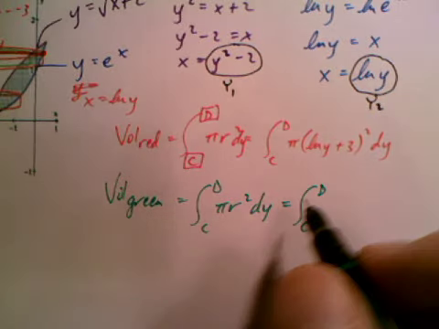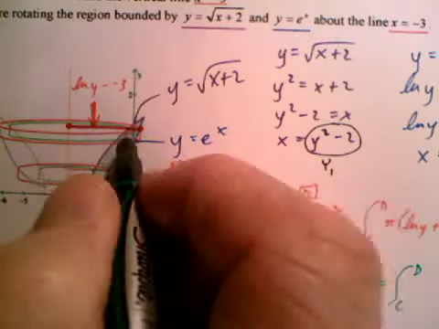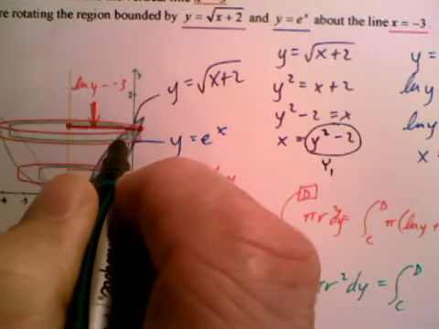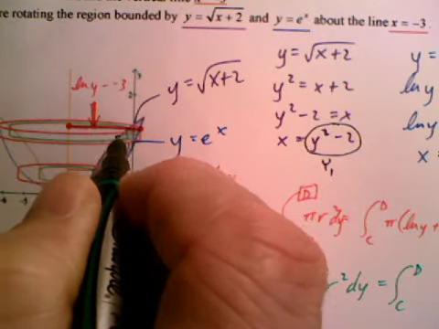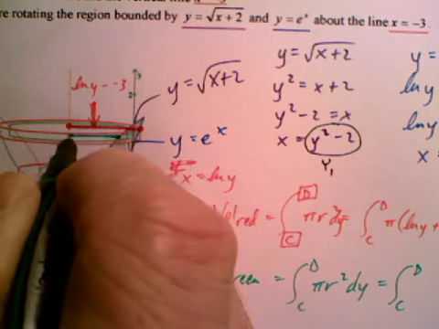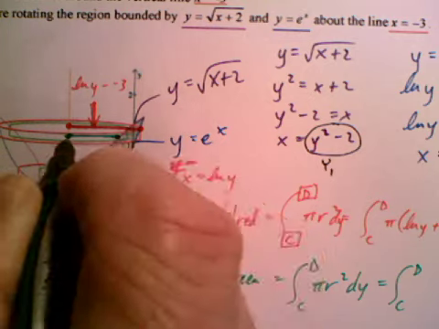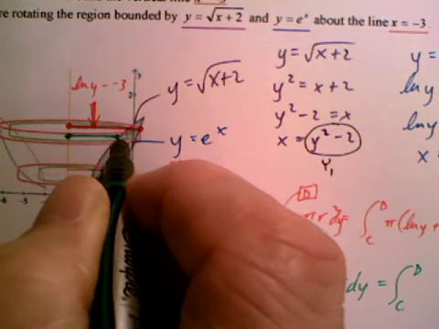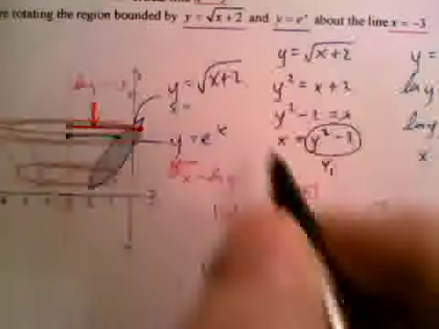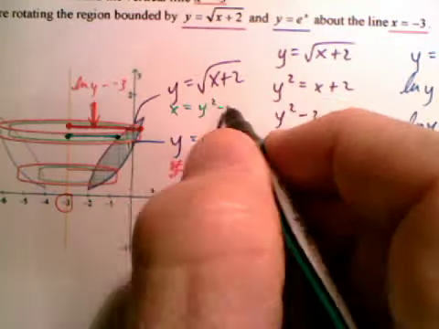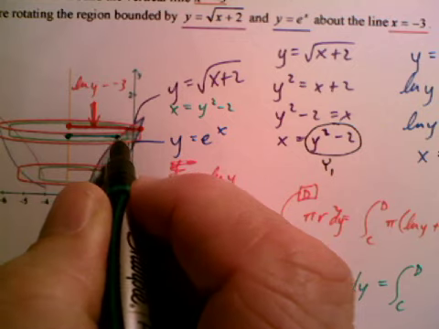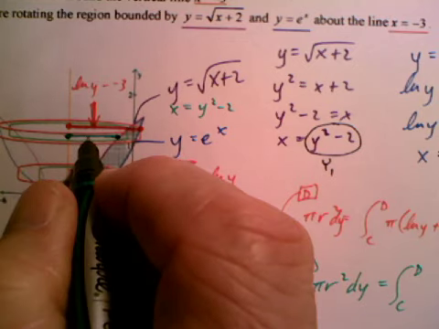Volume of the green, let's look back at the figure. The green radius would go from this curve here to that line. So this is the curve x equals, what did we say? y squared minus 2. Okay, y squared minus 2 subtract negative 3.